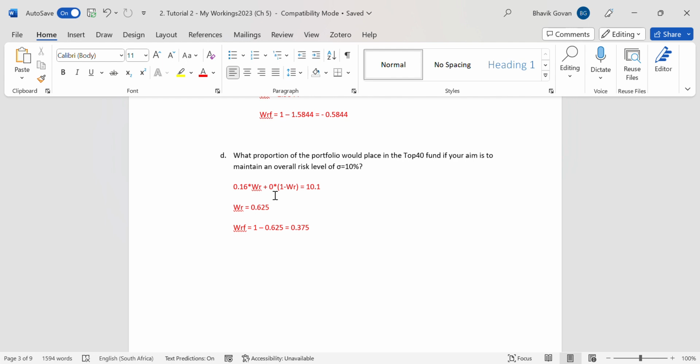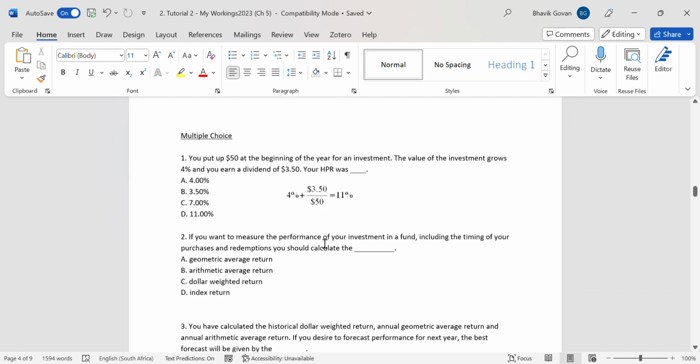You can basically group your like terms and solve for WR, and you'll get WR is equal to 0.625, and the weight of the risk-free will just be 1 minus the weight of the risky, which is 0.375.